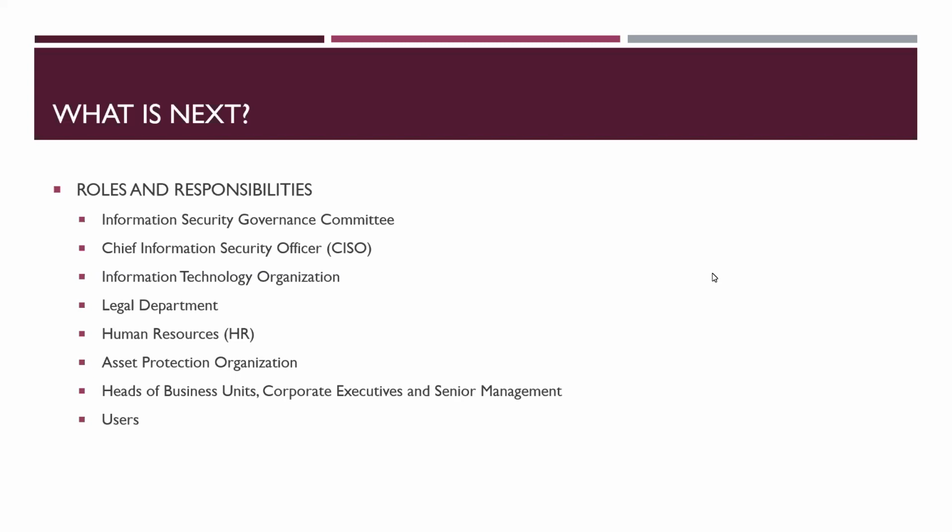The next is the head of business unit, you can say corporate or some senior person. Their responsibility is to be actively involved in the information security governance committee and IT steering committee and provide guidance on matters related to information security. These are the people who work there day to day.